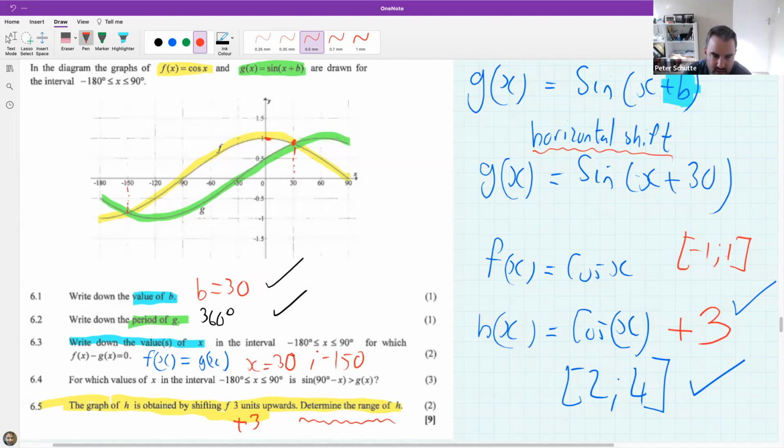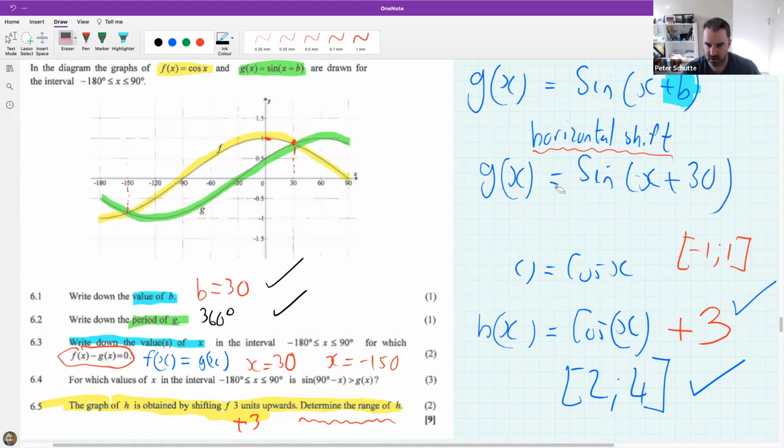So x is equal to 30 and x is equal to -150, in the interval -180 to 90. The only bit that I used with experience was to rewrite this as f of x equals g of x, because it's much easier to understand when they are equal than to try and interpret when the difference is 0. That's a much harder question, but if you've got that, I think you feel pretty chuffed.